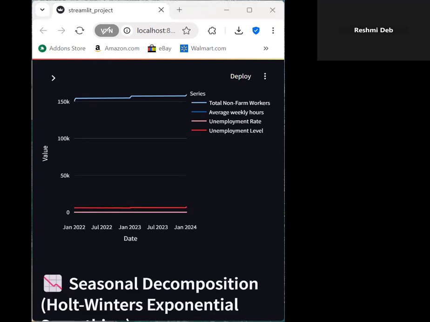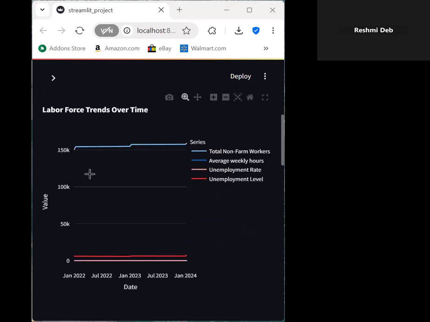In trend analysis, I have used a line chart, and the line chart has slightly upward trends from January 2012 to January 2022 for total non-farm workers, and the line remains relatively stable throughout the period for average weekly hours.